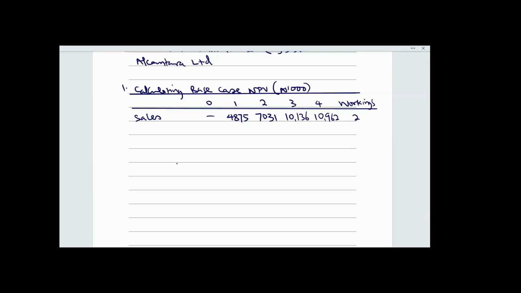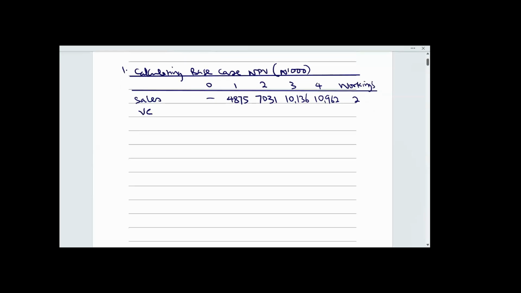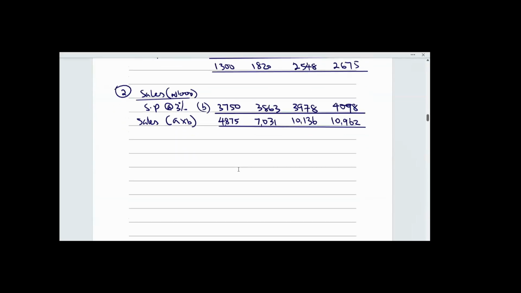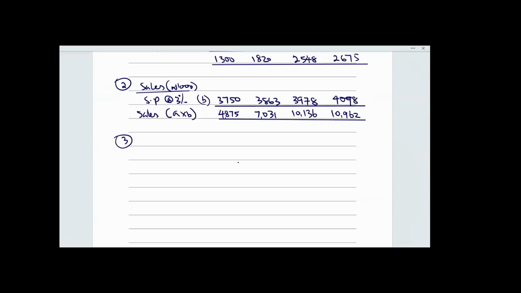I will then go and calculate working for variable cost, the same way we calculated for sales. Working number 3, total variable cost in thousands.